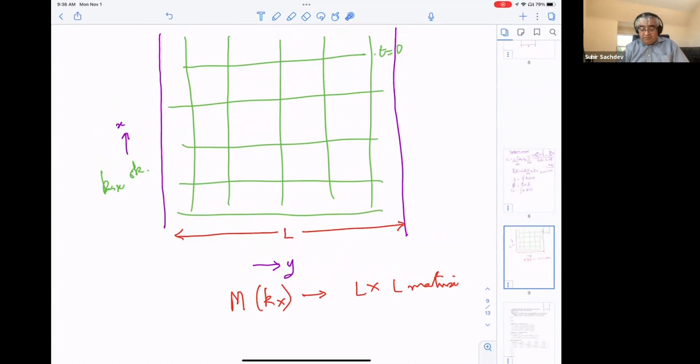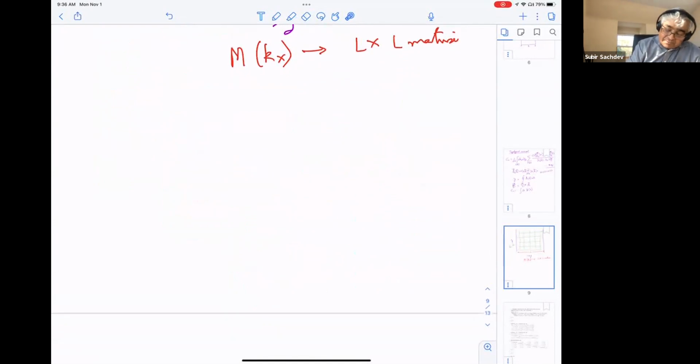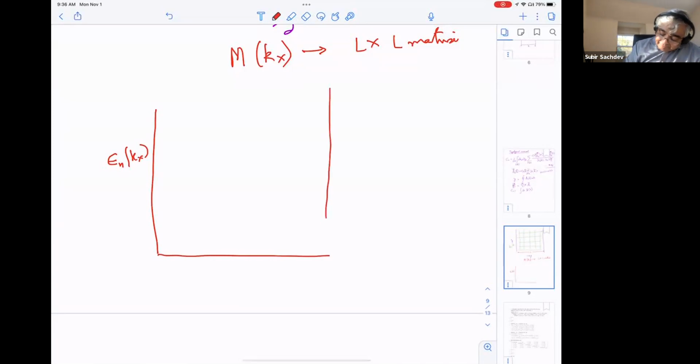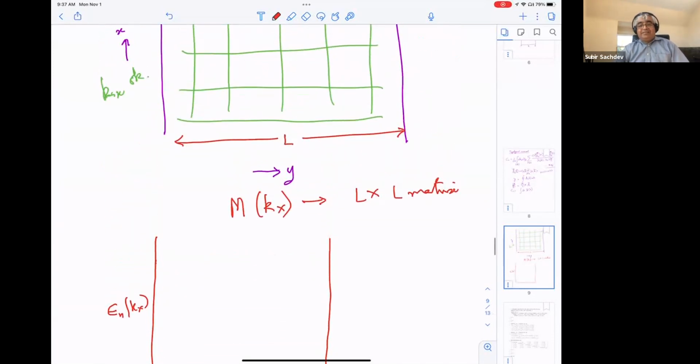So what will the spectrum look like as a function of kx? It also has to be periodic in kx because I still have the usual translational symmetry in the x direction. So if I plot my energy eigenvalues, there'll be a whole bunch of them, but they only depend on kx. What will I get? Well, let's first imagine that L is practically infinite, so kx and ky are all well defined.